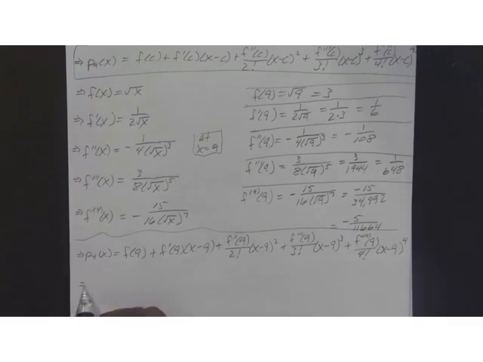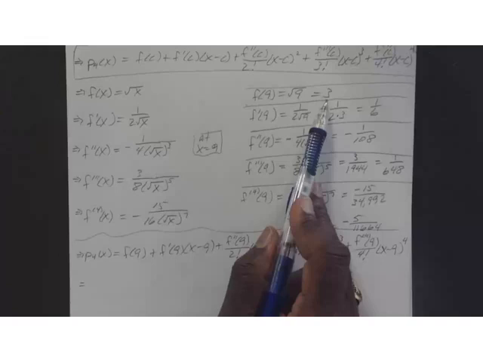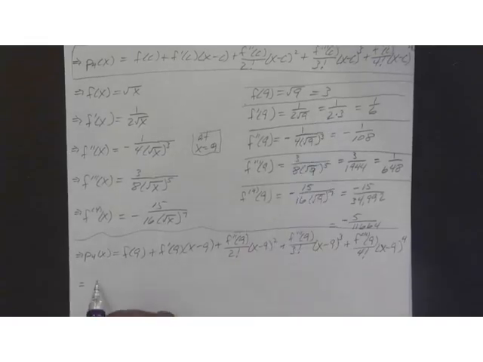Okay, so that's going to equal your f of 9. That's just 3. Plus your f prime of 9, that's 1/6 times x minus 9.